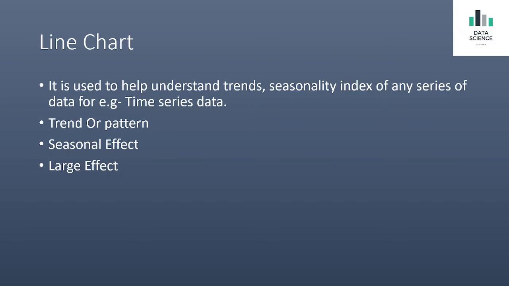We plot a graph between them, time and those data points, and we connect the dots with a line. Then it is known as a line chart. It has a vital role in detecting trends or patterns and seasonal effects also.